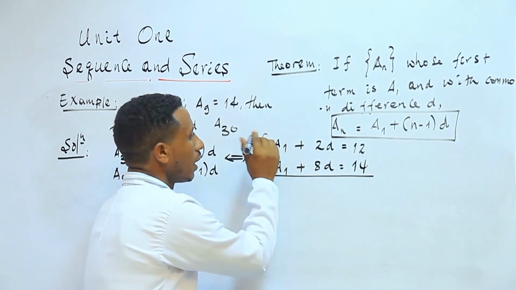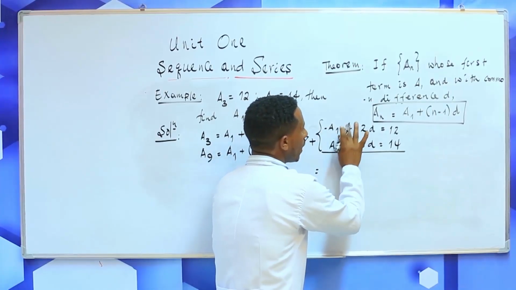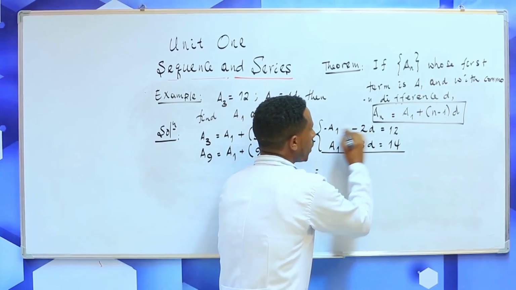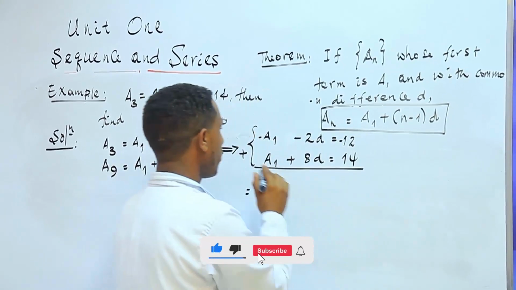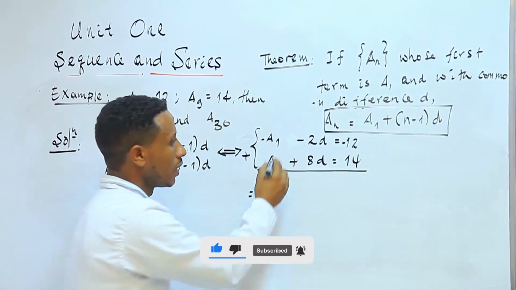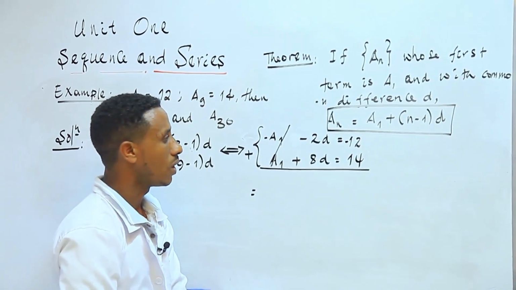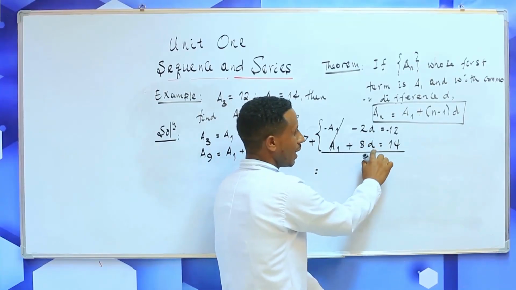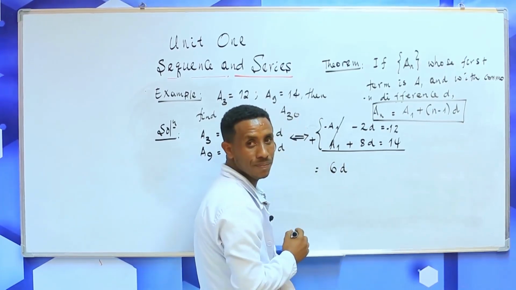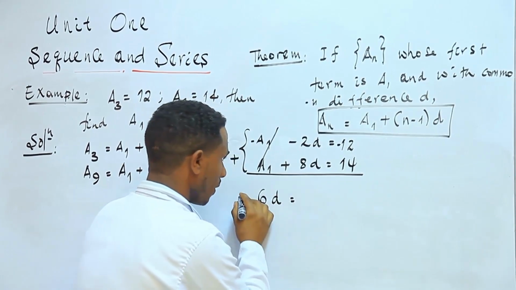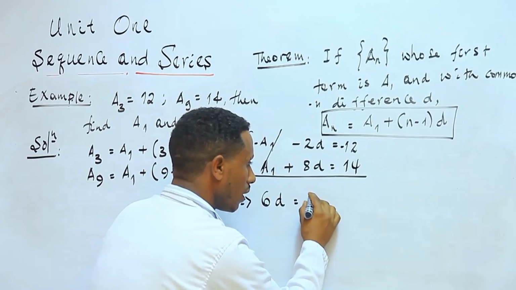This will be changed into minus A1, minus 2D, and minus 12, and if you take the sum, minus A1 plus A1 is 0, and minus 2D plus 8D is how much? Very good, 6D, which is equal to what? Minus 12 plus 14 is how much? That is simply 2.